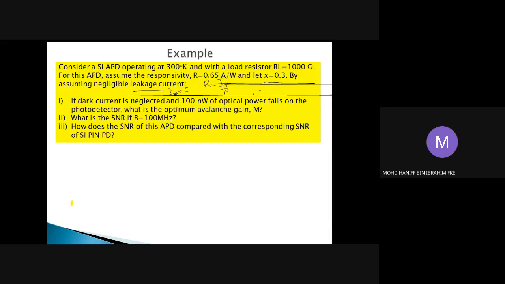The question is, what should be the optimum avalanche gain M? So we need to find the optimum value of the multiplication factor M. This is the requested answer.